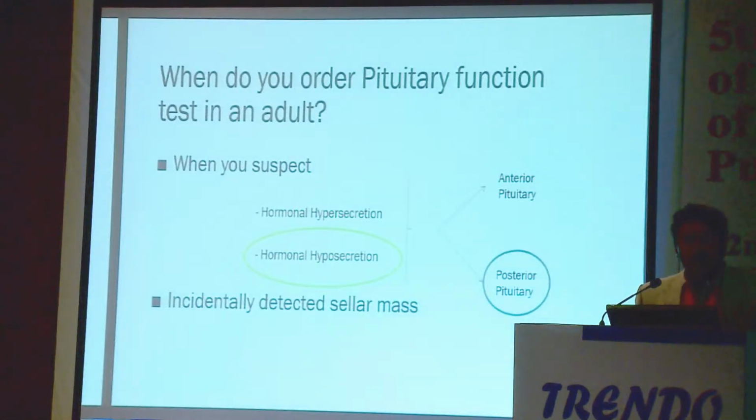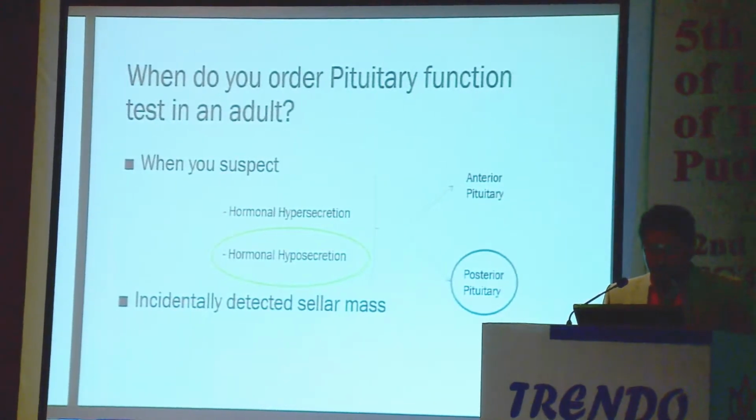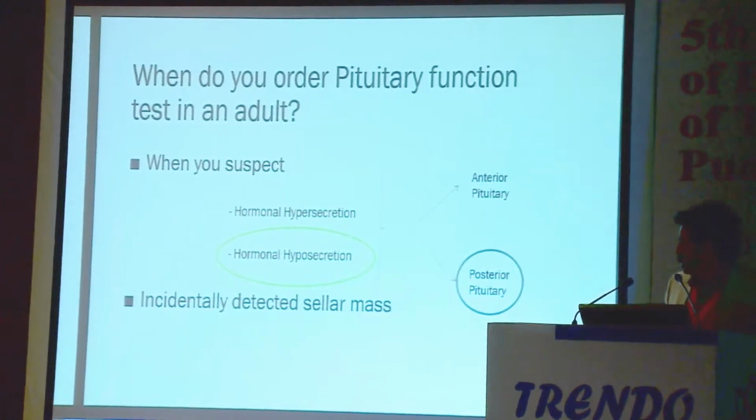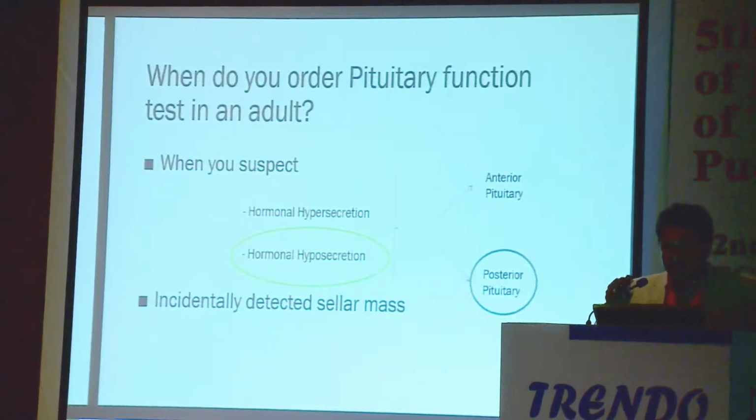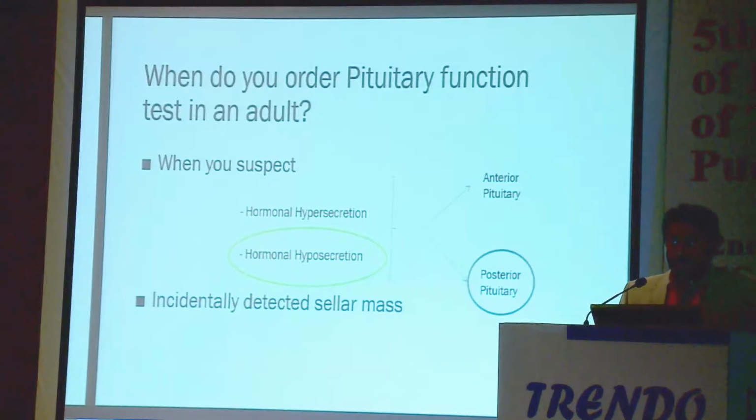So we order a pituitary function test in the following clinical scenarios. Number one is when you suspect there is pituitary hyperfunction, or when you suspect there is pituitary hypofunction, and incidentally detected sellar mass. And the hypofunction or hyperfunction can involve both the anterior pituitary as well as the posterior pituitary.